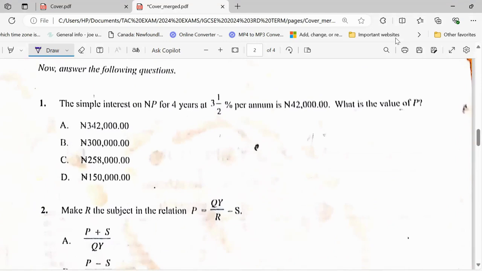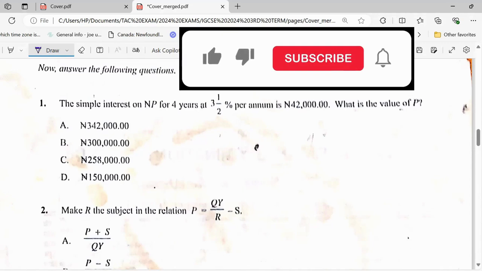Now let's see question number 1. Question number 1, we are told that the simple interest on P Naira for 4 years at 3.5% per annum is 42,000 Naira. What is the value of P? Now, how do we handle this case?